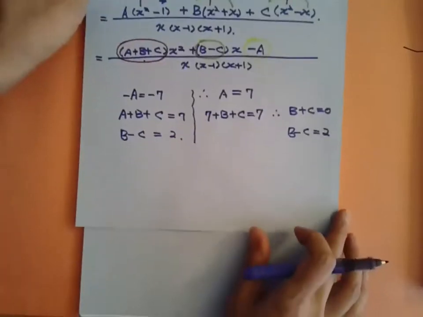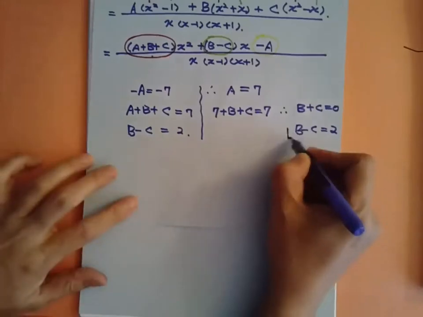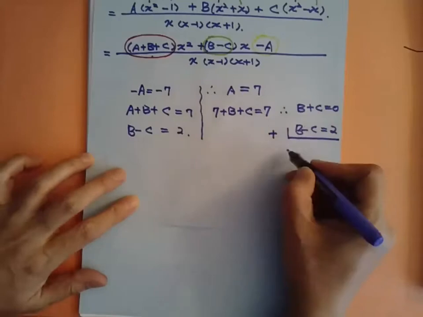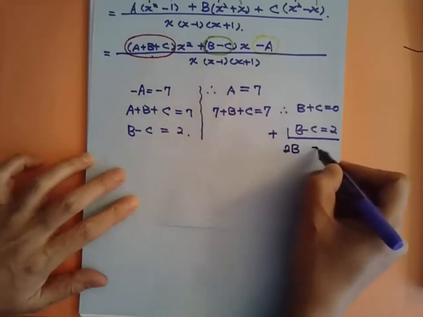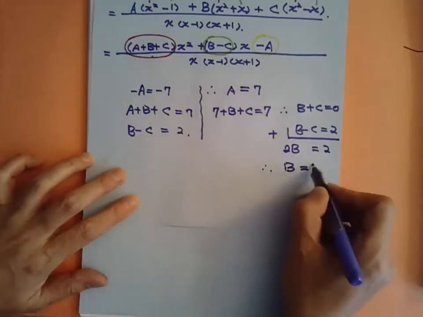So we have 2 equations. So we add them up vertically. Then c will cancel each other. And we have 2b equals 2. So b equals 1.